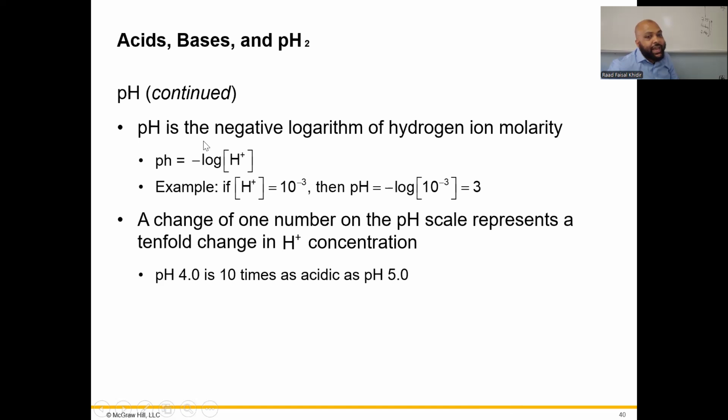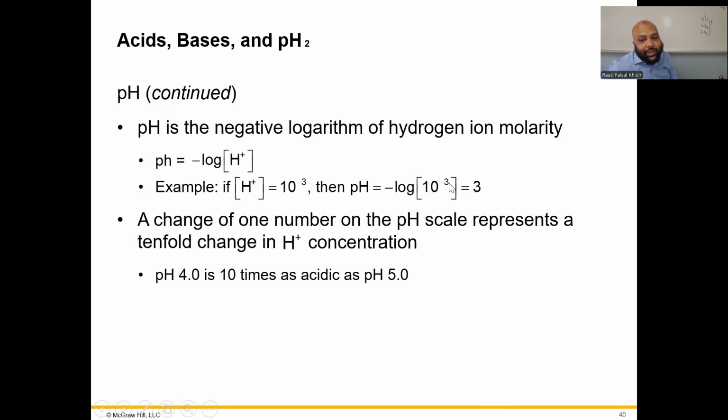The pH is the negative logarithm of hydrogen. If the hydrogen proton concentration is 10 to the power of negative 3, then the pH is minus the log of 10 to the power of negative 3. That comes to 3.